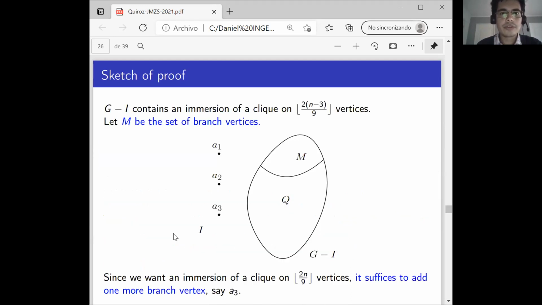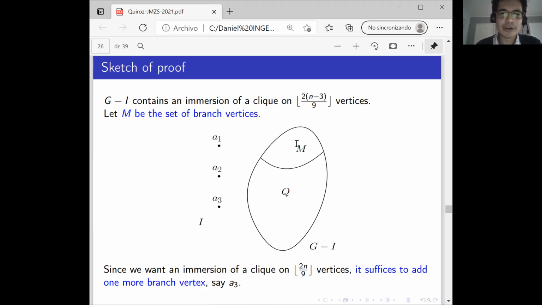So this is what our graph looks like. We have a graph. We take out this independent set. Then this is what we get on this side, and we separate our graph into the branch vertices, which we call M, and the rest of the graph, which we call Q. So these are the branch vertices.